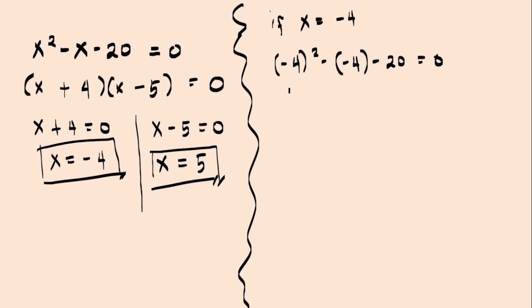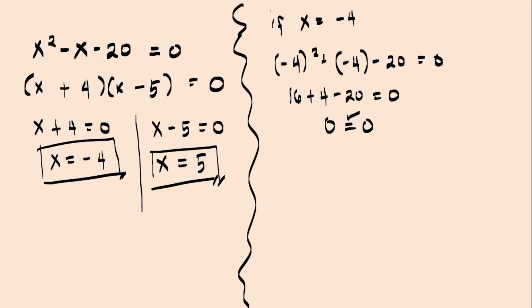Negative 4 squared, that is positive 16. And next, negative multiplied by negative, it will become positive 4. Then minus 20 is equal to 0. 16 plus 4, that is positive 20, minus 20, that is 0, is equal to 0.